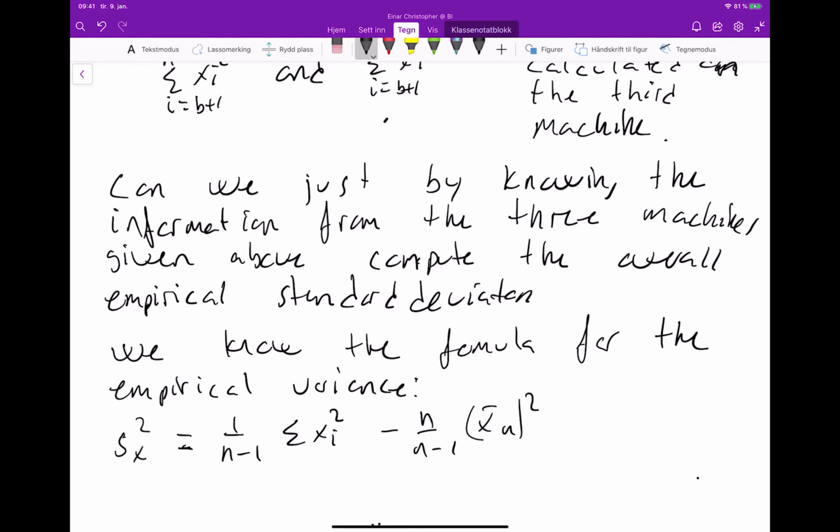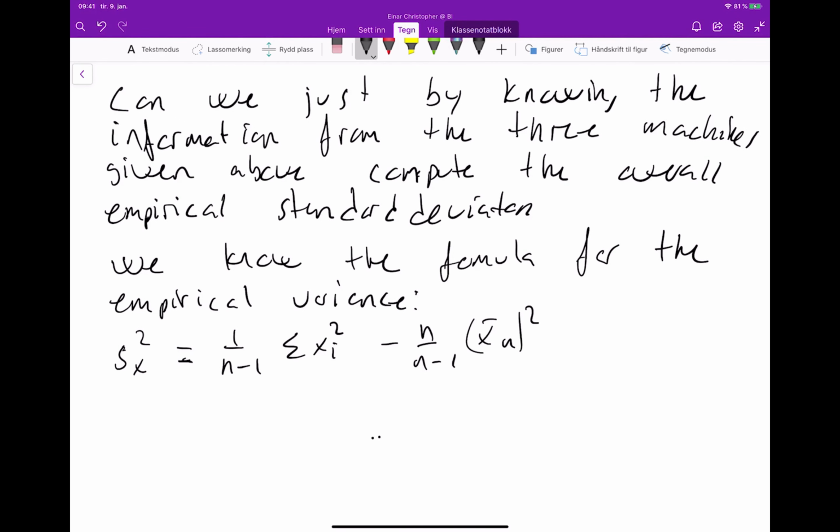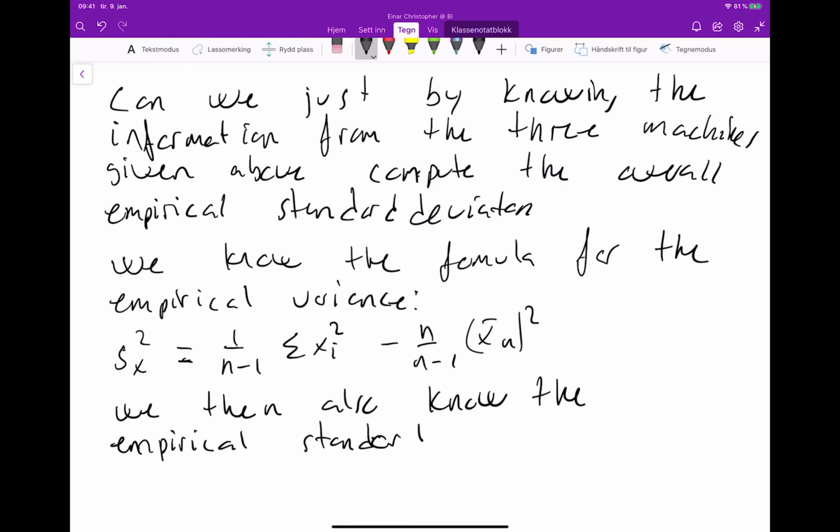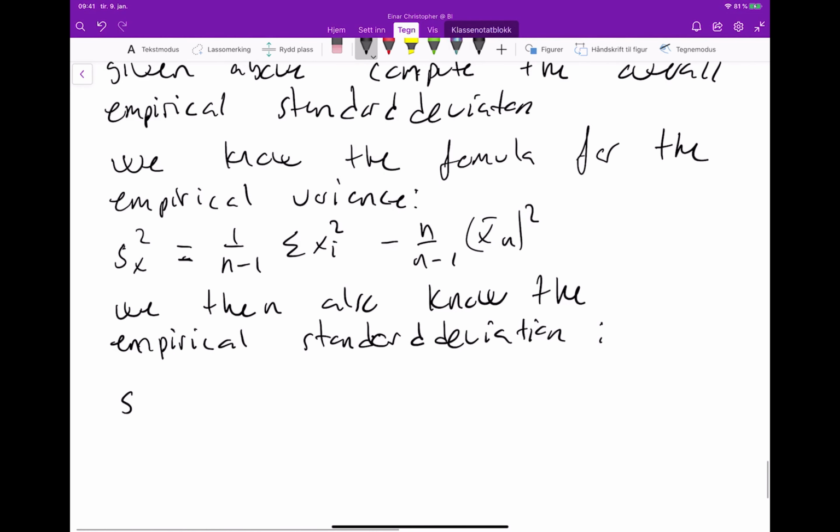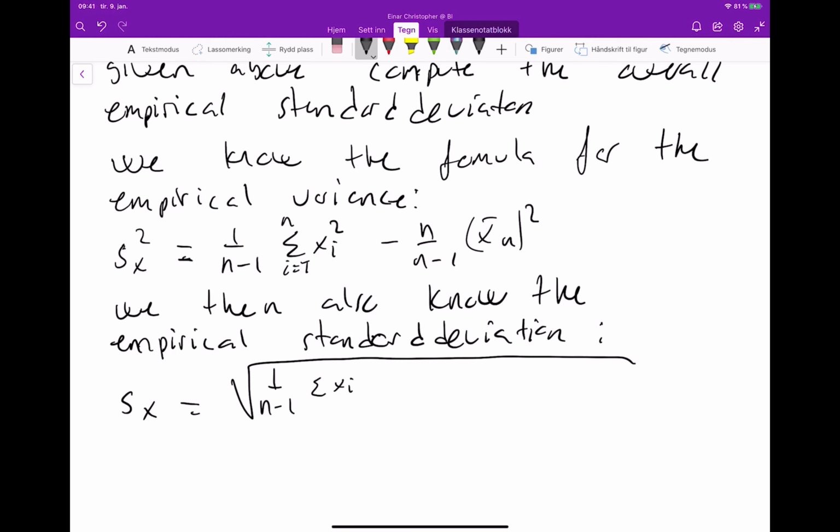Like this. But if we know the empirical variance, we then also know the empirical standard deviation, which is S x equal to the square root of the expression above. So this is easy.